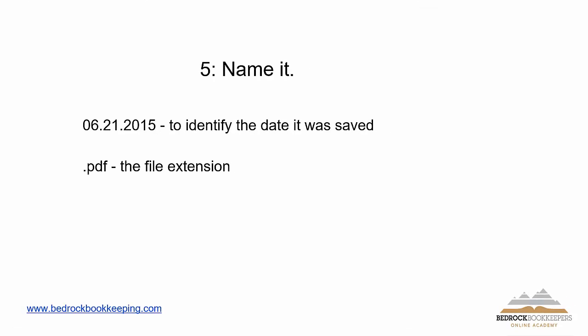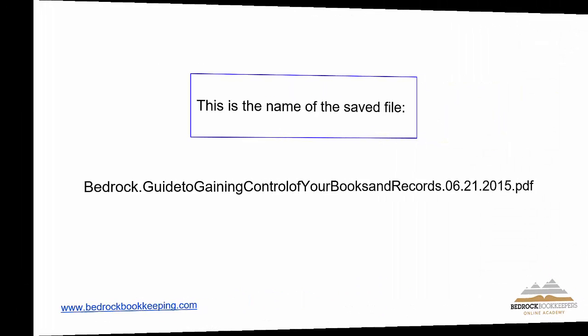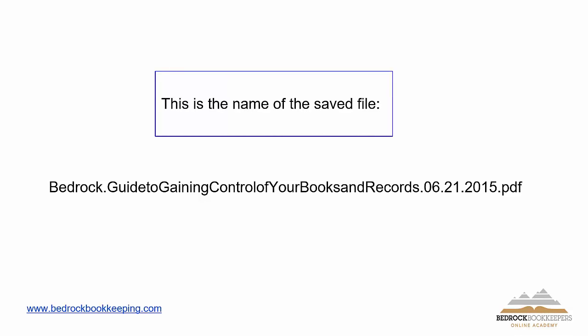The next step is, now if I have a document that isn't like a financial statement or a tax return, but it's for a specific date, let's say it's an invoice, I'm going to put the date as part of that name extension. So with my ebook, this is how it becomes named.